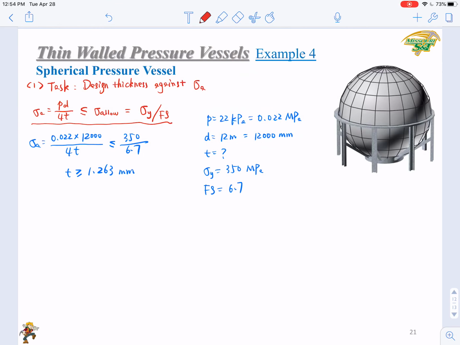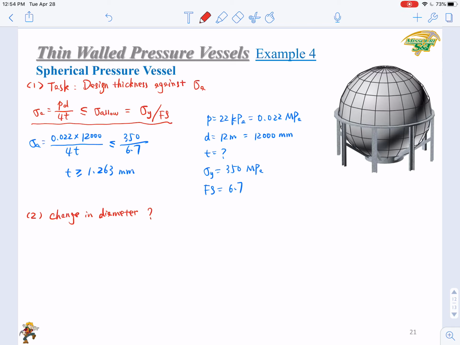Then let's calculate the change in diameter in this case. Okay, this is our second step. Change in diameter if the thickness is just at 1.263 millimeters.